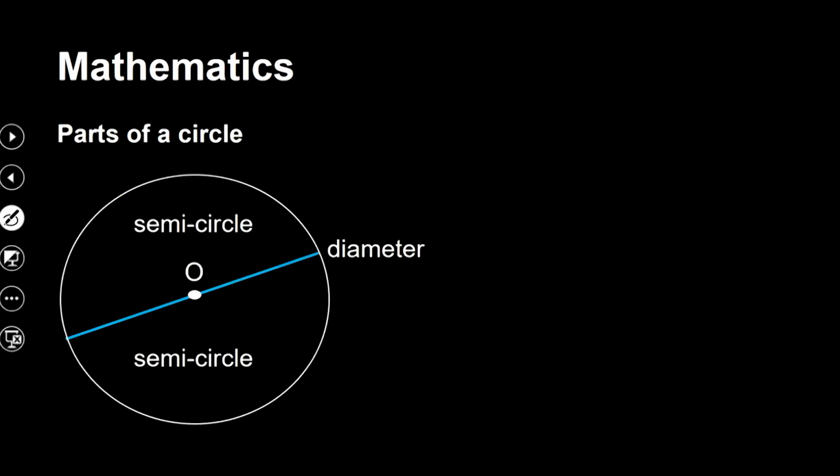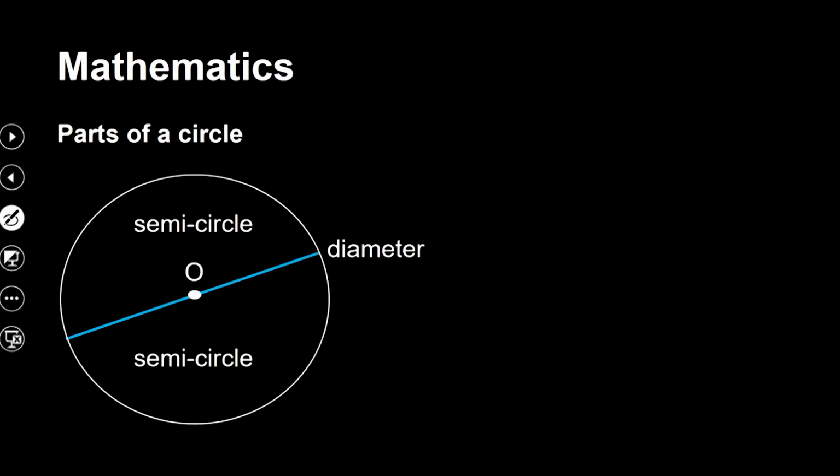This chord that I have here, let me use a different color so you can see, normally cuts the circle into two segments: this segment here, and this other segment on this side. We're going to look at that at a later stage in the very same lesson.